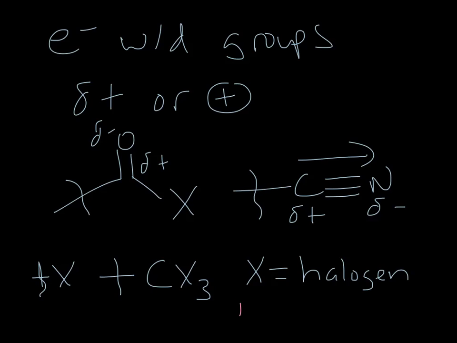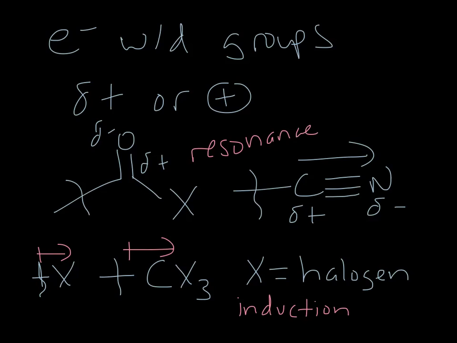These bottom two would be via induction, so just pulling electron density out of the ring towards themselves. Via induction, the top two, you would have resonance contributors due to those pi electrons that are available.